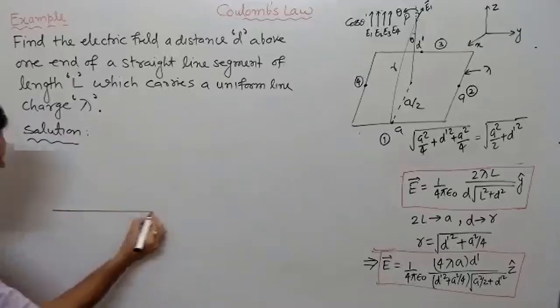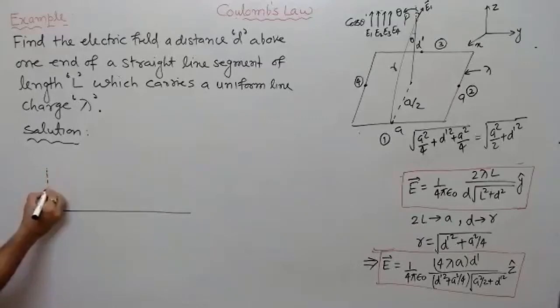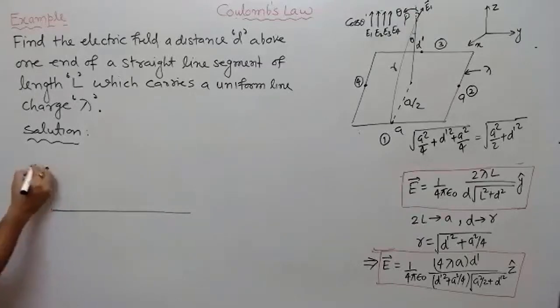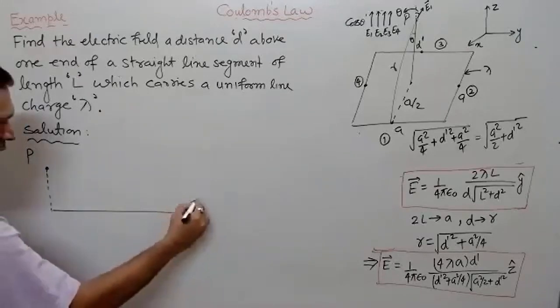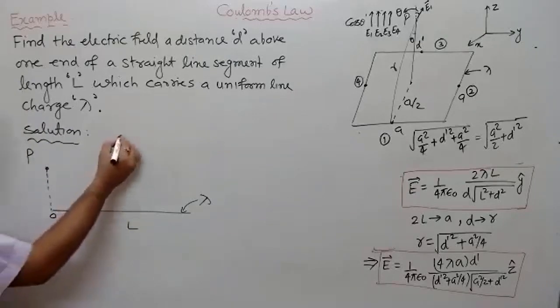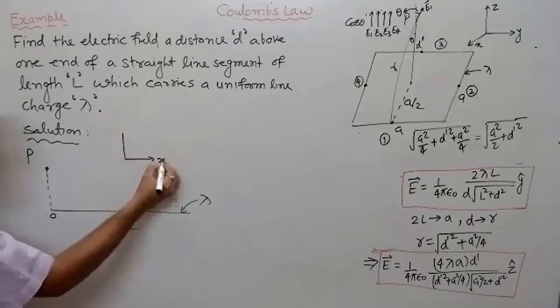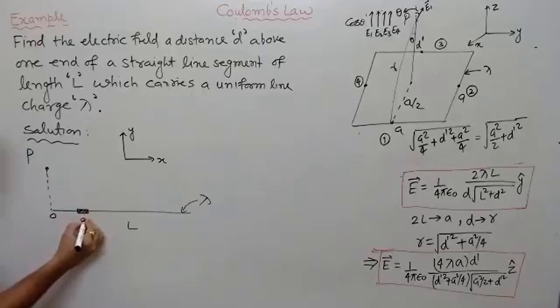So this is a wire of length L, and you have to find the field at this point. This length is L, its charge per unit length is lambda. Again this is the xy plane. So you have to consider an elemental length dx, x distance away.